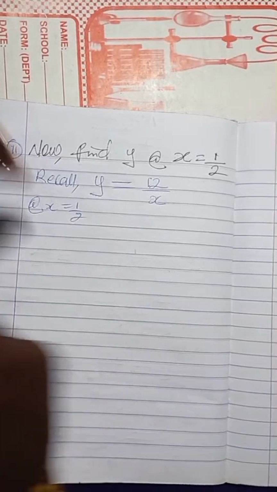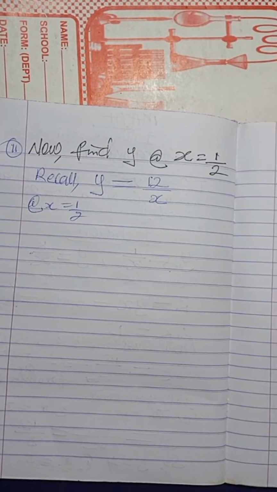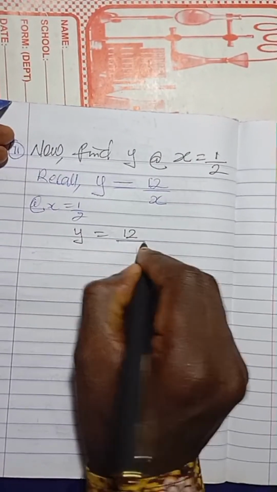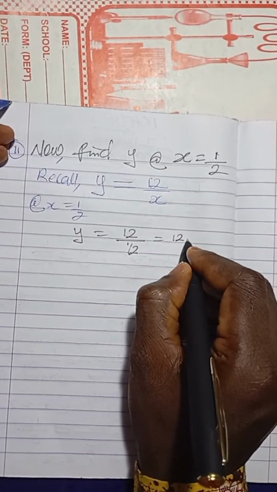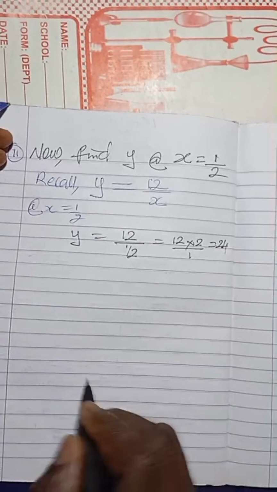So you have that y is equal to 12 over 1 over 2. This is 12, multiplied by 2 all over 1, which is 24.